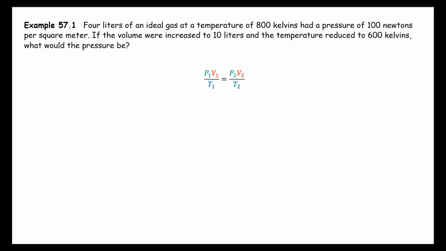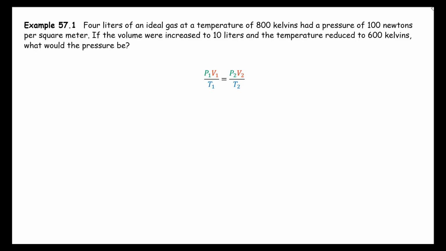All right, 4 liters of an ideal gas at a temperature of 800 kelvins had a pressure of 100 newtons per square meter. If the volume were increased to 10 liters and the temperature reduced to 600 kelvins, what would be the pressure? So we want to look at the problem and fill in all of these little values, P1, V1, T1, P sub 2, V sub 2, T sub 2.